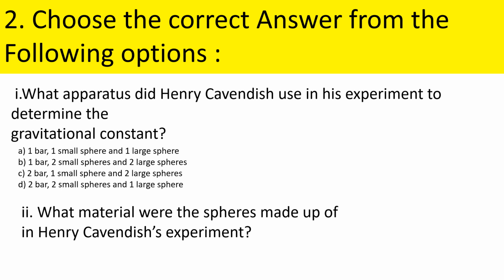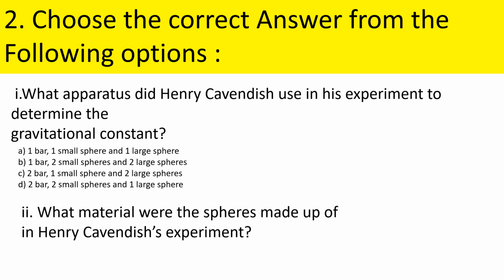In what apparatus did Henry Cavendish use in his experiment to determine the gravitational constant? So Cavendish used different tools in his experiment, but in this list we must choose the one which gives the information about the tools which Henry Cavendish used.